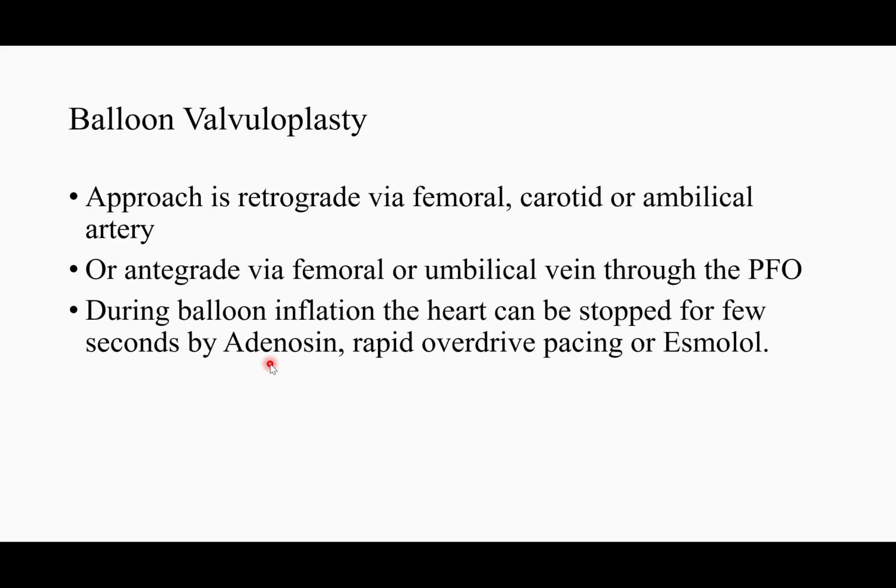During balloon inflation, the heart may be stopped for a few seconds by adenosine, rapid overdrive pacing, or esmolol. So effectively the heart becomes cardioplegic for a very short time. That's why we need a very short acting drug like adenosine or esmolol, or overdrive pacing with a rate of 180 to effectively stop the heart.